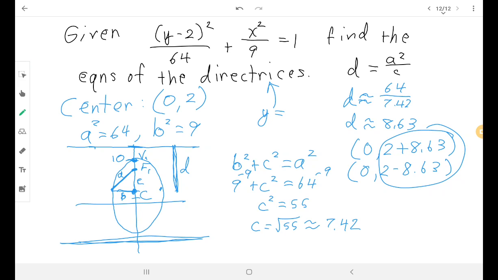So one of the equations will be y equals 10.63, and another one of the equations will be y equals 2 minus 8.63, which is negative 6.63. And so these are my answers right here. I'll pause, let you look at that, see if there are questions. All right, thank you so much.